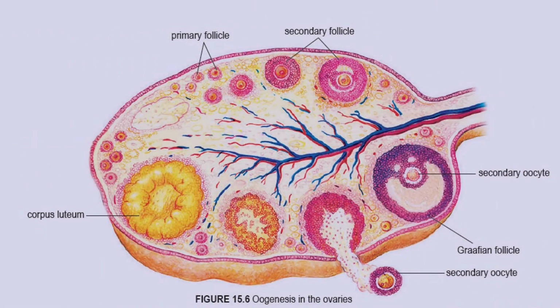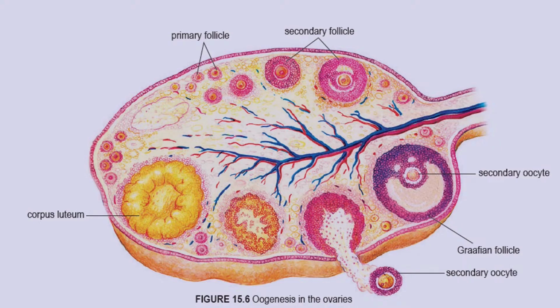All right. So again, this is oogenesis in the ovary. The oogonium will develop into the primary oocyte, and then it will be encapsulated with the follicular cells, and you will form the primary follicle. The primary follicle will undergo meiosis and stop at prophase 1. After puberty, the primary oocyte will continue meiosis 1 and form the secondary oocyte with the help of FSH.